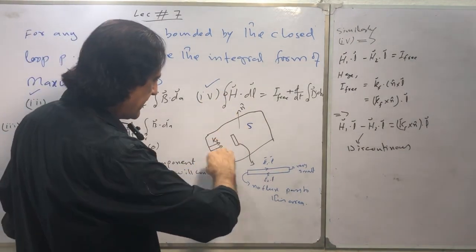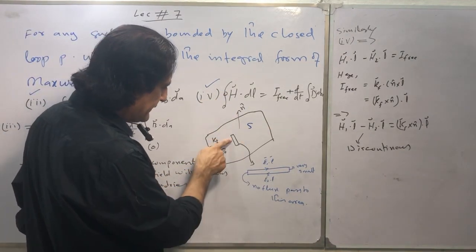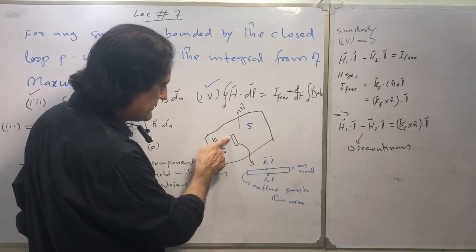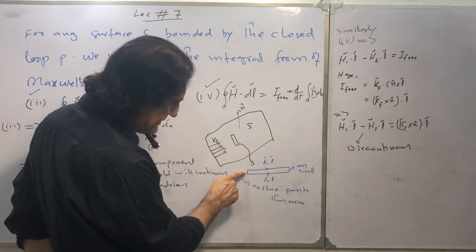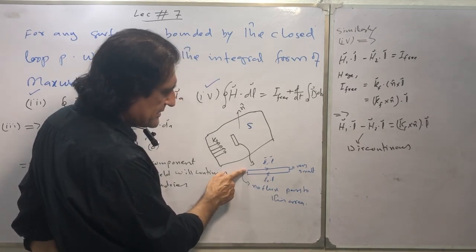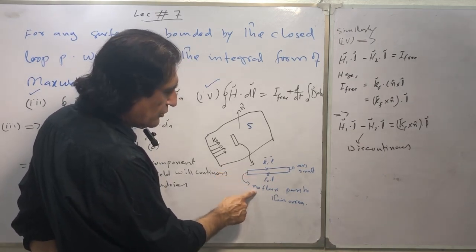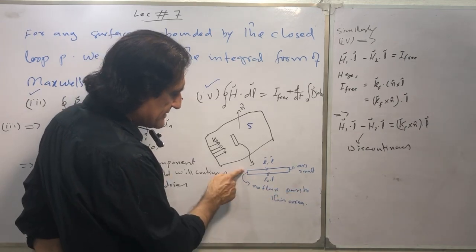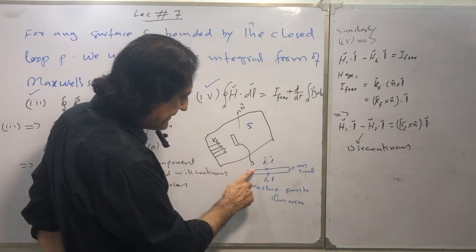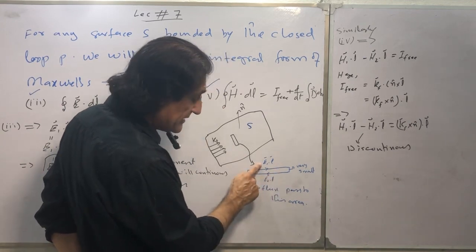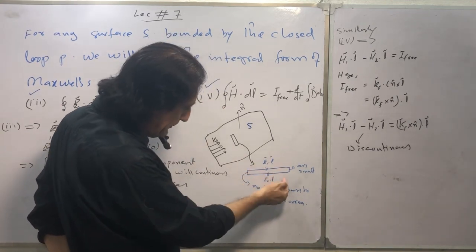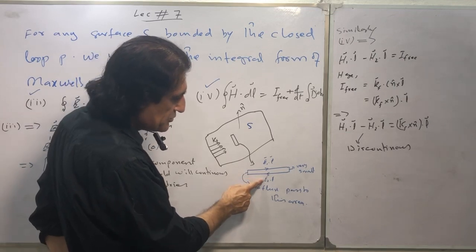Here we have a closed loop, and we pick this small surface, as I have shown here. This area is very small, so no flux passes through it. The current is flowing in this direction. This is E1, and back this is E2.